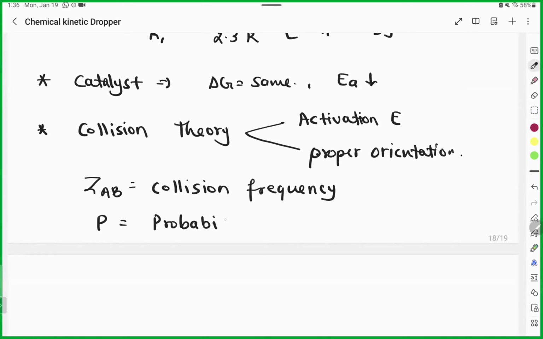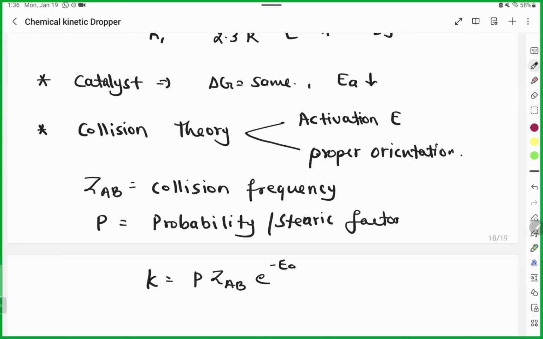What is the probability of collision, or steric factor? By using this, you can modify the Arrhenius equation where you add this minus EA by RT. Any doubt, guys? Not K, it will be rate.